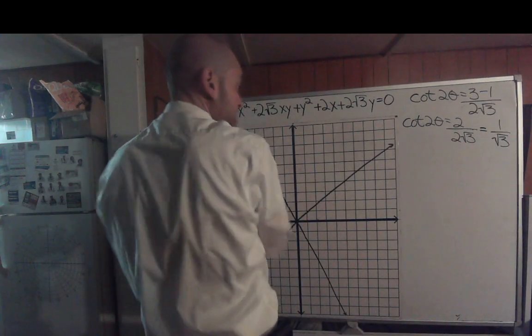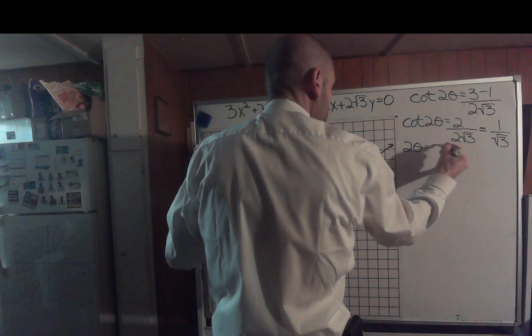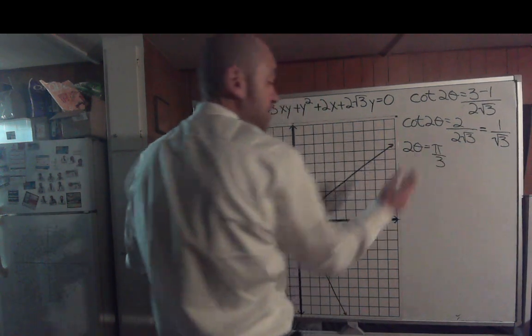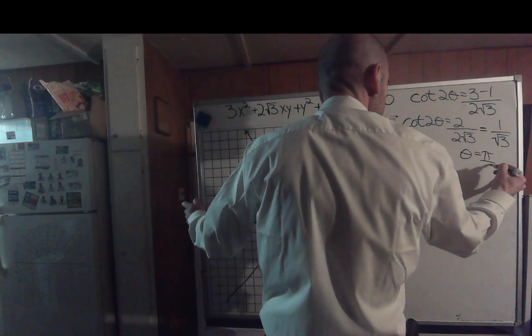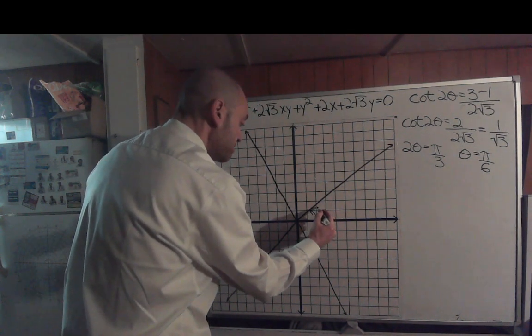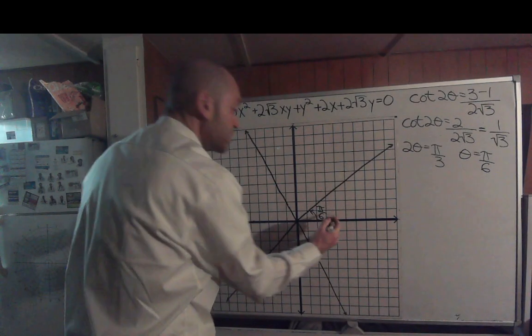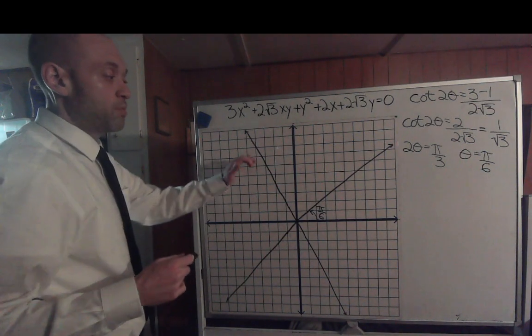In this case, that means 2 theta has to equal pi over 3, since that's a 60-degree angle. Take pi over 3, divide it by 2, and you get theta equal to pi over 6. So the xy axis has been rotated pi over 6, or 30 degrees, to give us the new x prime y prime plane.